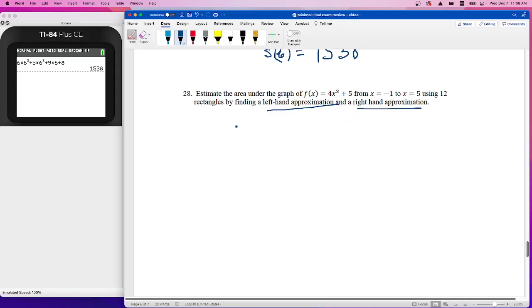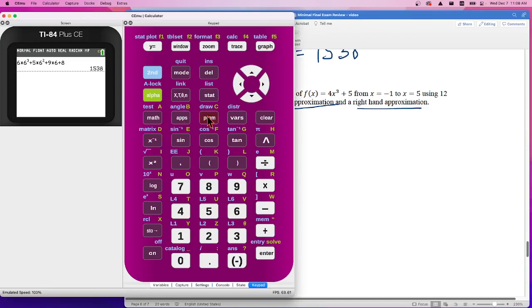So, do I still have that program? I do, Riemann. So let me just show you this using the Riemann. If you have this on your calculator, sure, you could go ahead and use it. So let's go ahead and do it this way, and then I'll do it the other way.